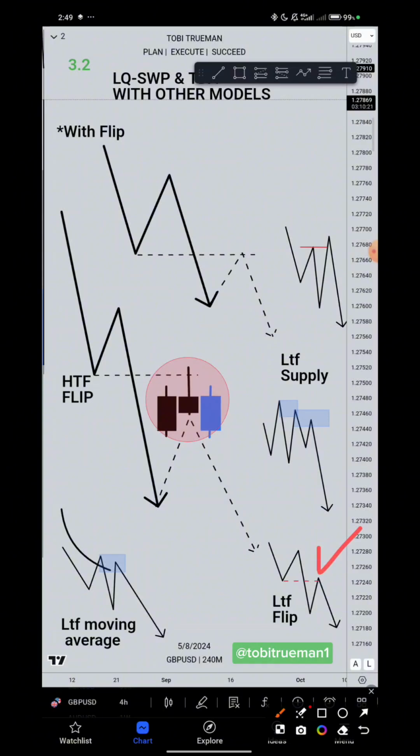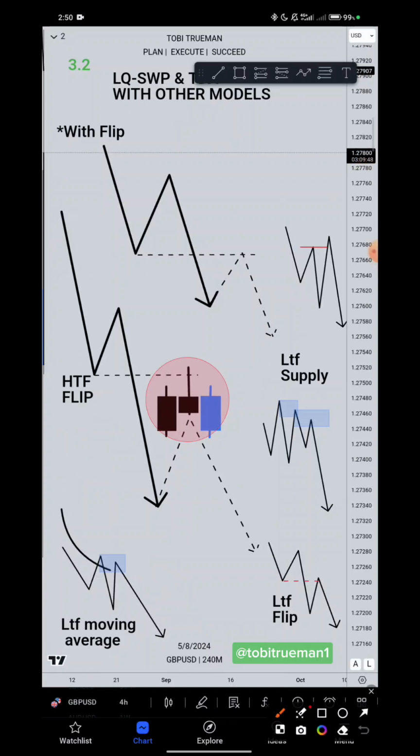On the 4-hour time frame, we check the recent higher high or higher low that we formed. Price flips on the lower time frame to selling, because you have to take note: when the higher time frame is selling, all decisions on the lower time frame should also be selling. If you are buying on the lower time frame, the probability is very low. It might play out, but it's not advisable.